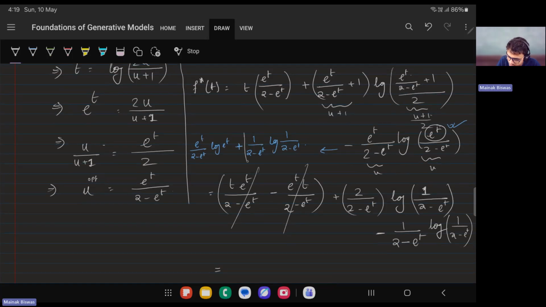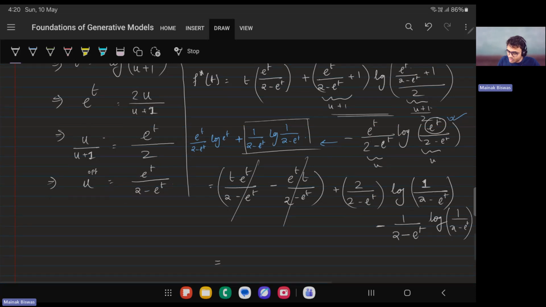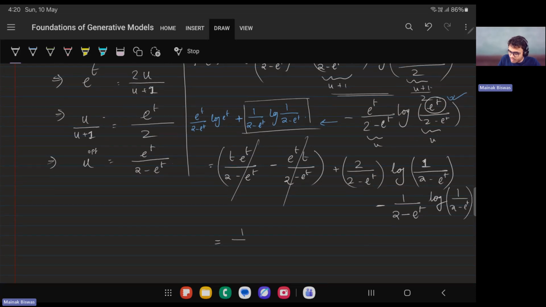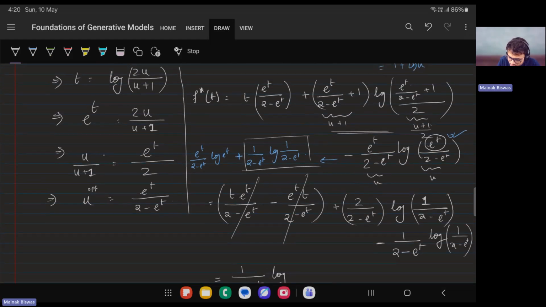I'm using this term and I'm using this term over here. So if I use these two terms, what will I get? I'll get 1 by 2 minus e to the power t log of, so am I doing the calculations correctly? I think there's an e to the power t somewhere. Yes, I missed it. Sorry.